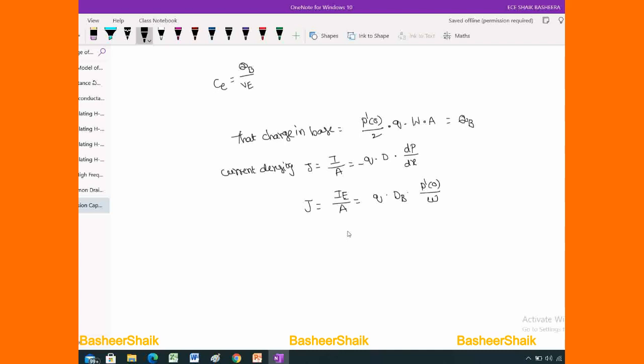The charge in the base is taken as equation number 1 and the current density as equation number 2.